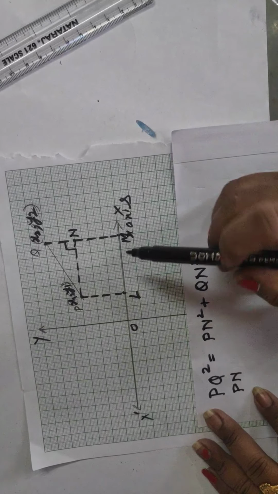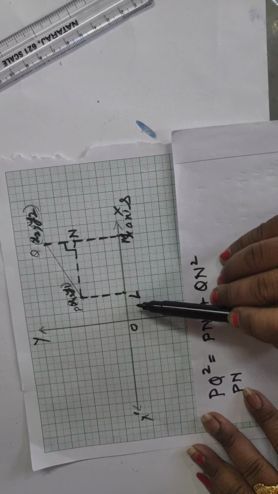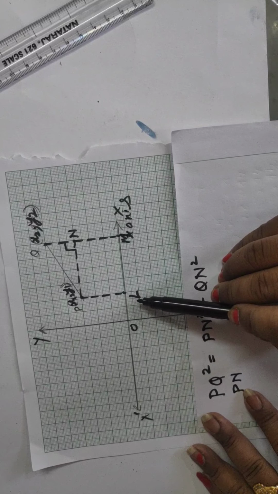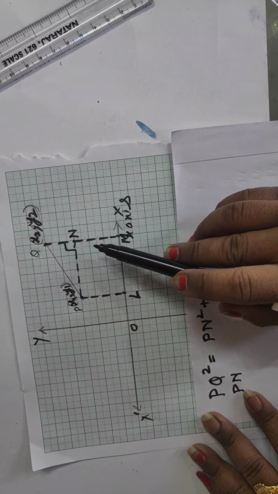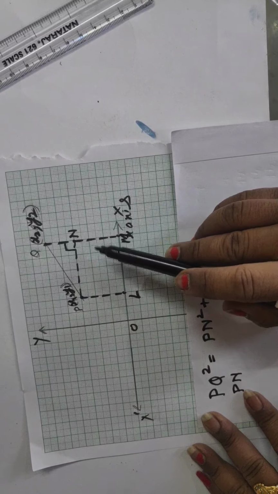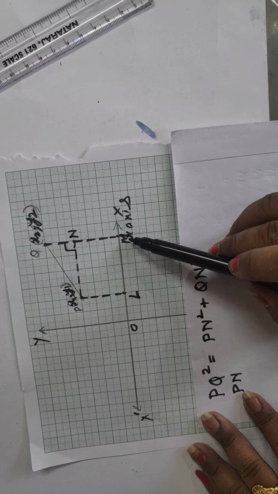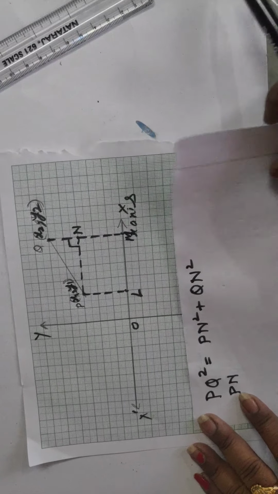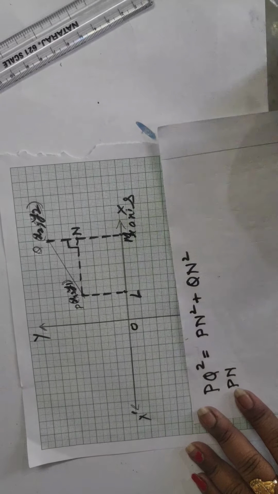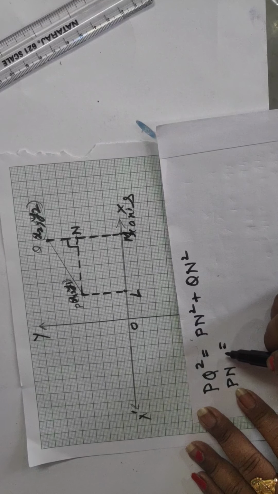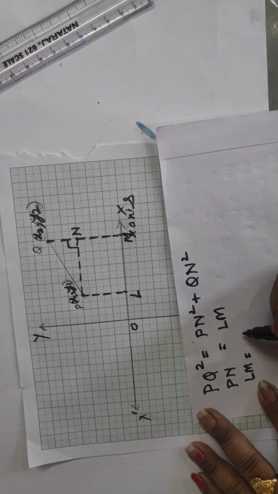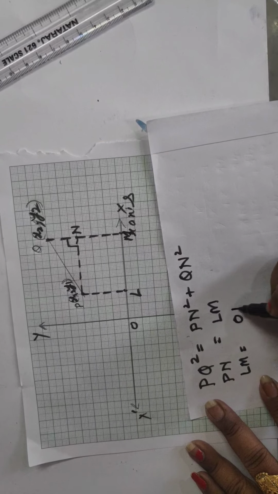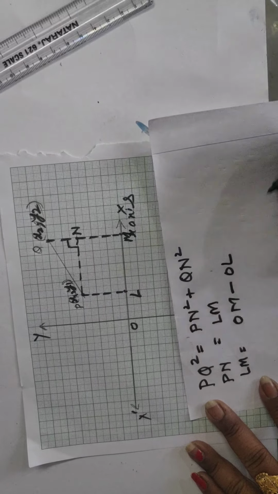In this triangle, OM minus OL will equal LM, and LM is equal to PN. So I am writing here, PN is equal to LM and LM is equal to OM minus OL.